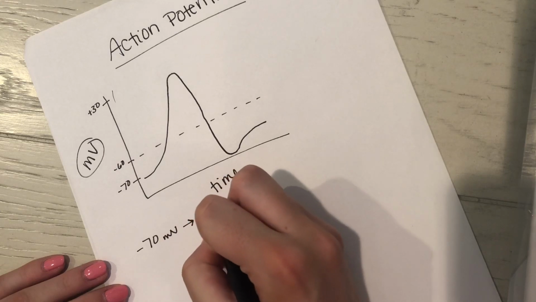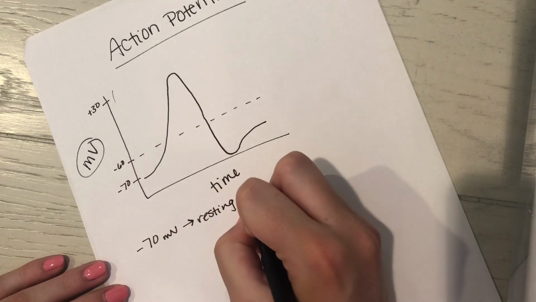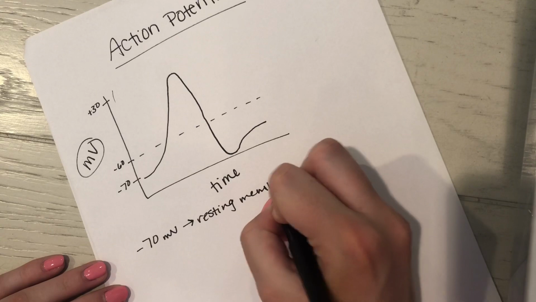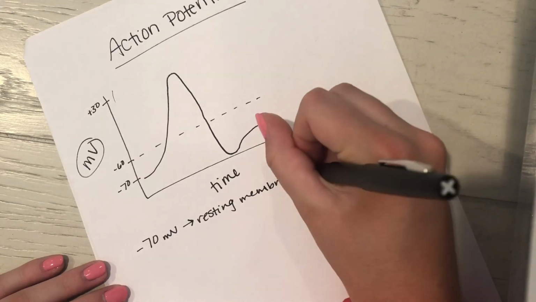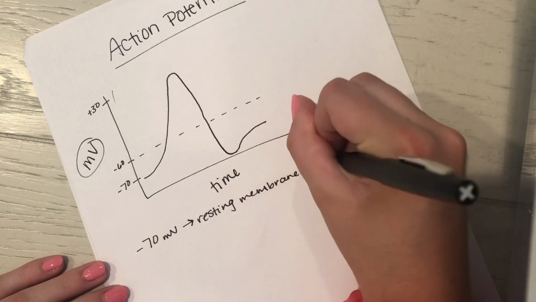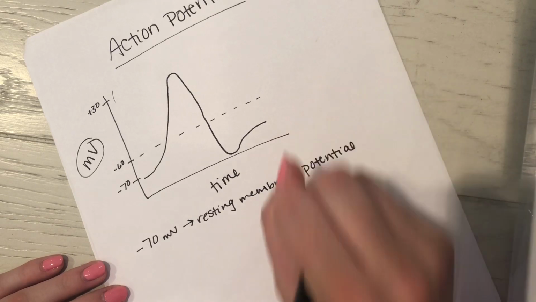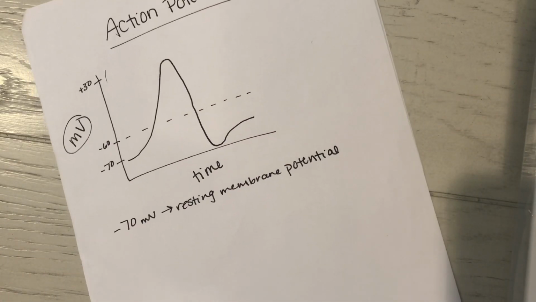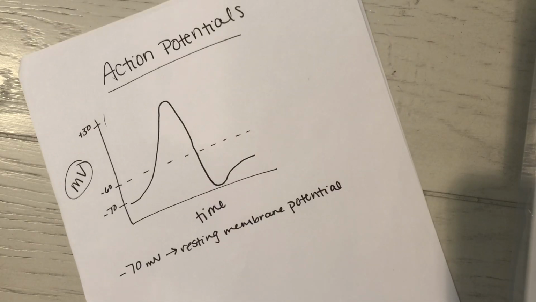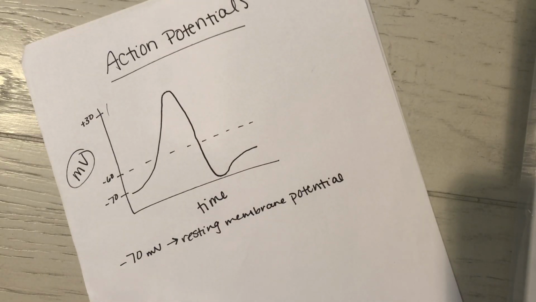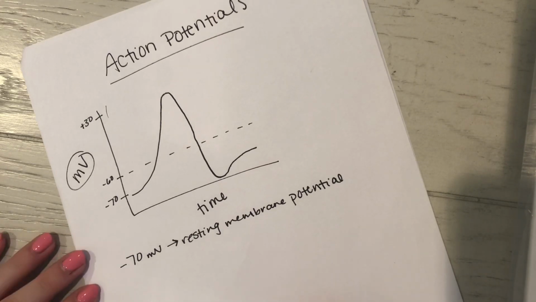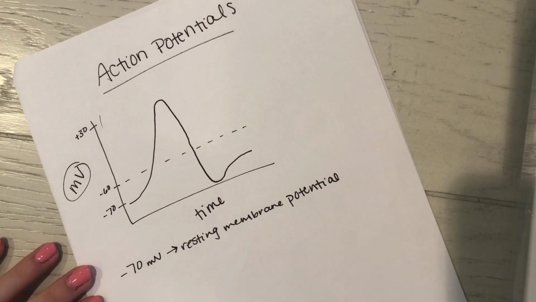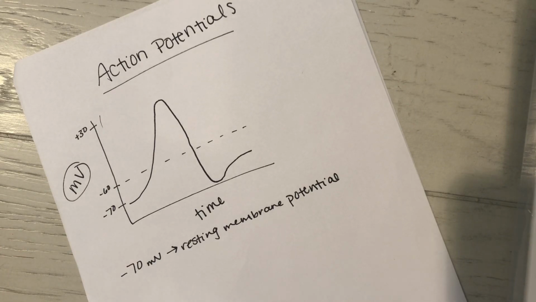That is just the normal state that our membrane is at, because we're thinking about what's happening in the cell to cause this action potential or electrical impulse. So -70 millivolts is our baseline.